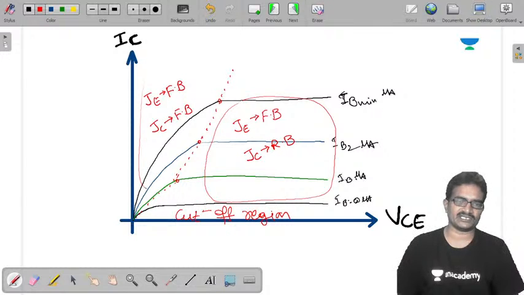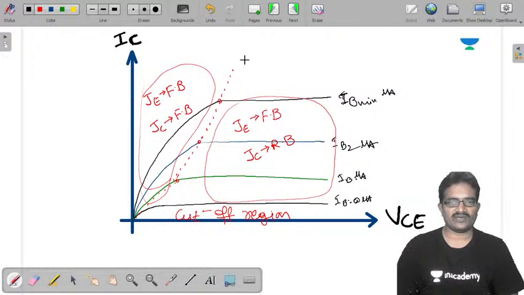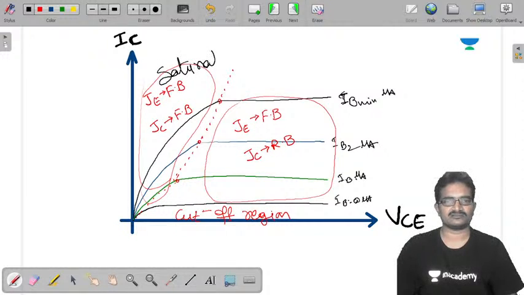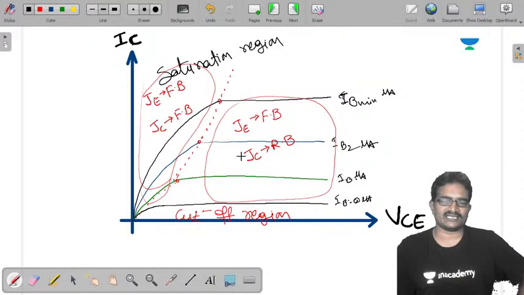This is the region. Now we know that when both the junctions are forward bias, we call it saturation region. When the emitter junction is forward bias and the collector junction is reverse bias, we call it active region.